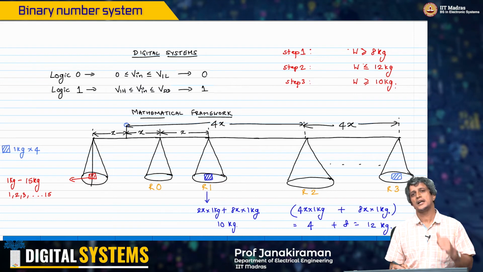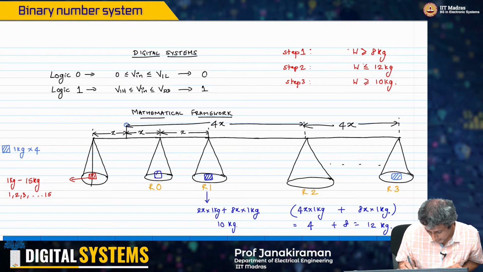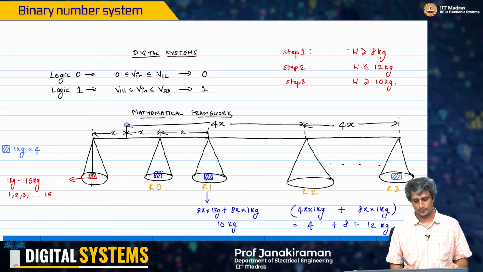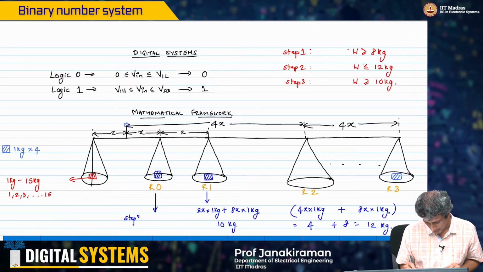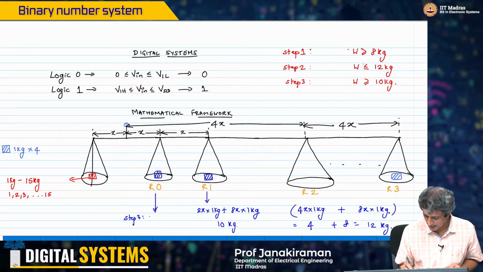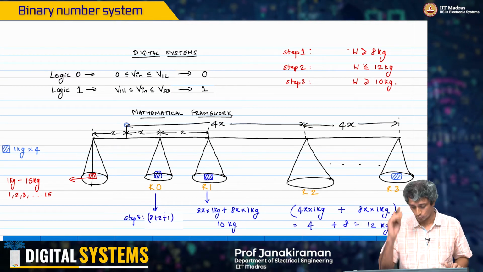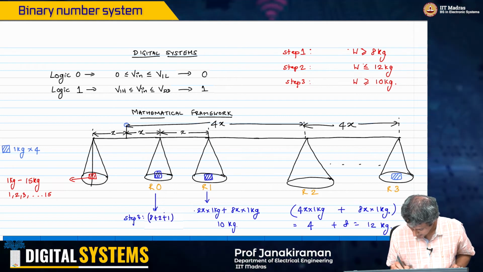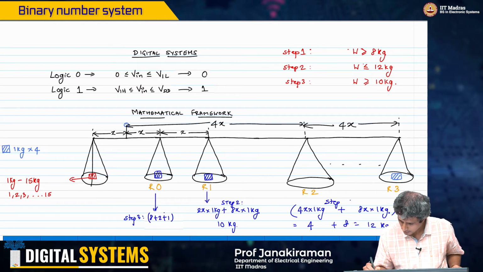We know that the left hand side is now heavier. So I will place an additional block of 1 kg on R0. Because of this, the net weight in step 3 is 8 plus 2 plus 1. There is nothing on R2.